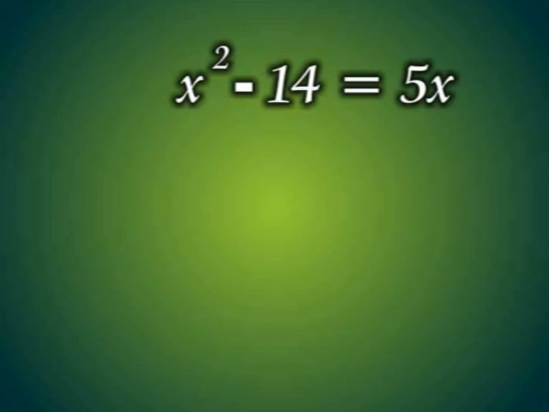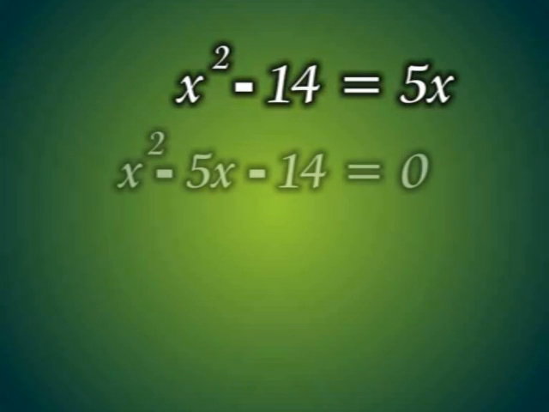Let us look at this next example. X squared minus 14 is equals to 5x. This one looks a bit tricky because there is no zeros. First thing I want you to do with these type of questions, because there's an x squared in it, I want you to take everything across to one side. That's the variables and the constants.